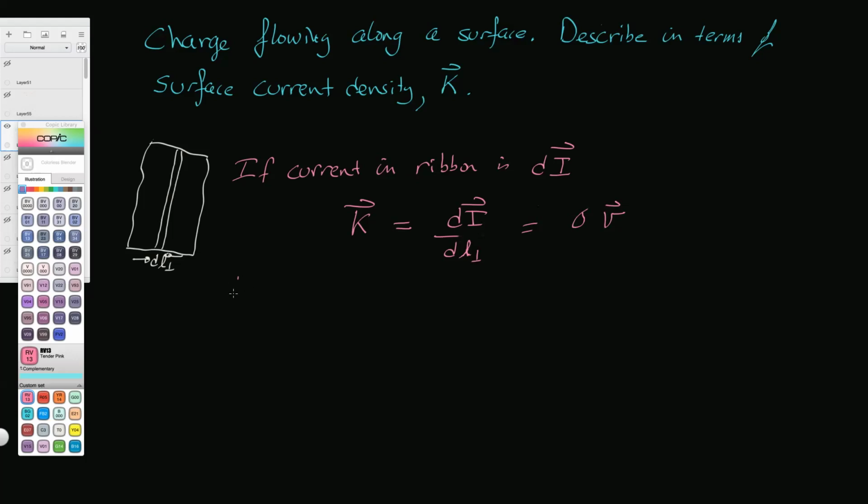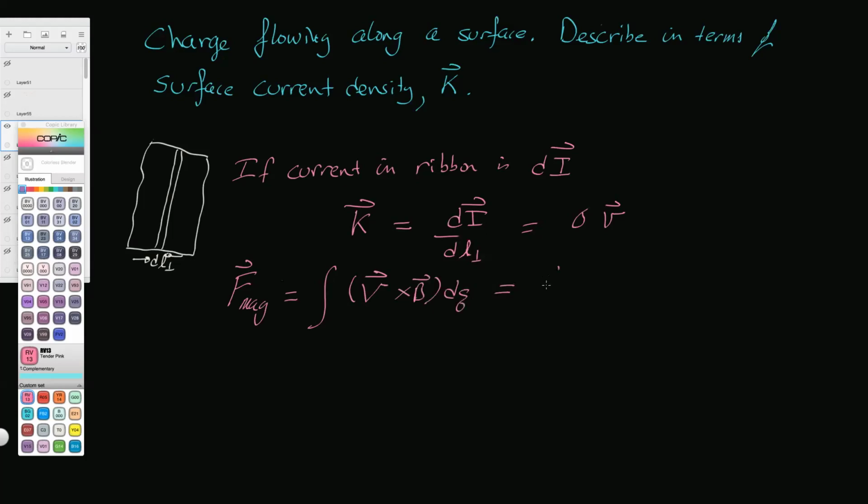All right. And then we can write down the magnetic force due to some external field on that ribbon of charge. Same old, we've got to take v cross B and then dq.